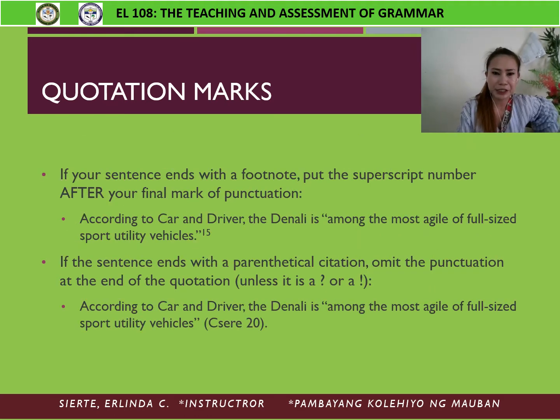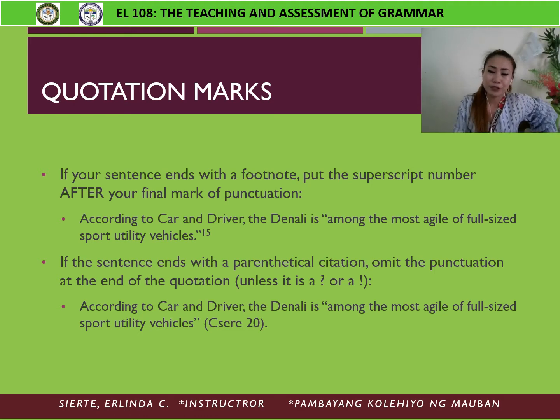Next, if your sentence ends with a footnote, put the superscript number after your final mark of punctuation. Example: According to Car and Driver, the Denali is among the most agile of full-sized sport utility vehicles.